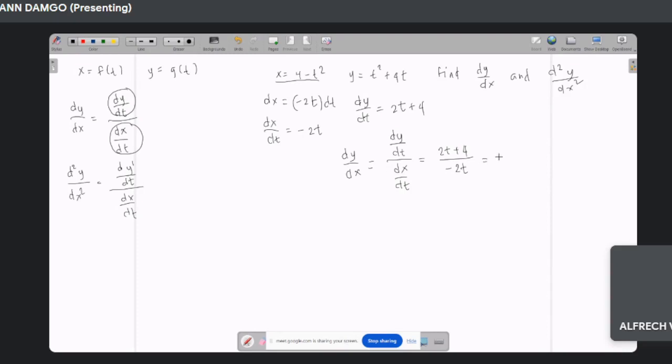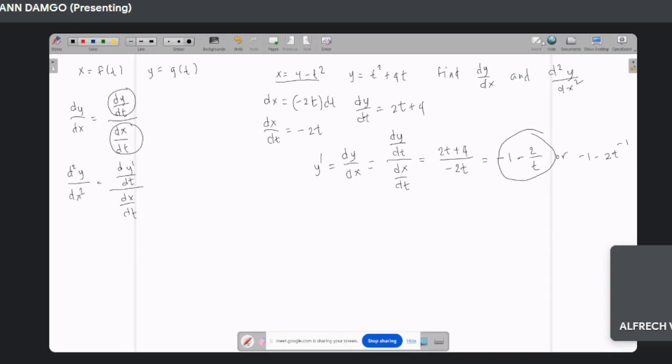So, simplify, this is minus 1 minus 2 over t. Or this is negative 1 minus 2t to the negative 1. Okay? So, nasolve na nato ang dy dx. Okay? So, another term for dy dx, we have y prime. Okay? So, naa na siya sa atong calculus 1.